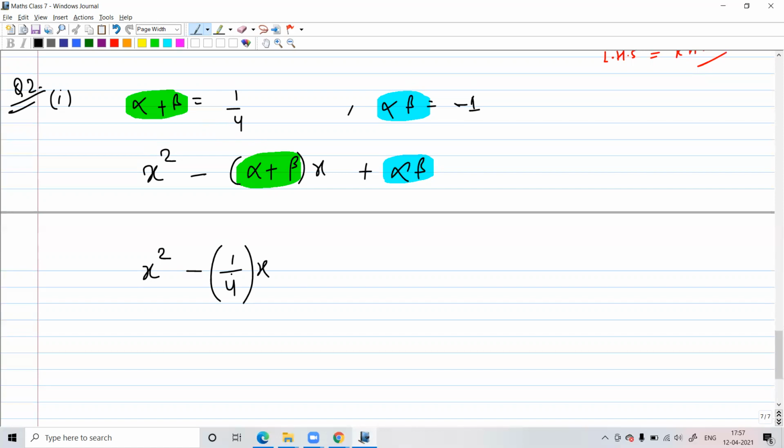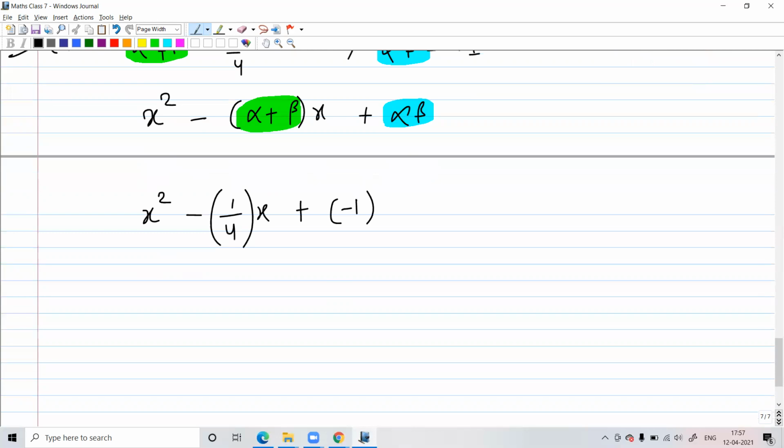Alpha plus beta is 1 by 4, so 1 by 4 times x, plus alpha into beta, which is -1. Simplify it and write it properly. So it will be x squared minus x by 4 minus 1. So this is your polynomial.